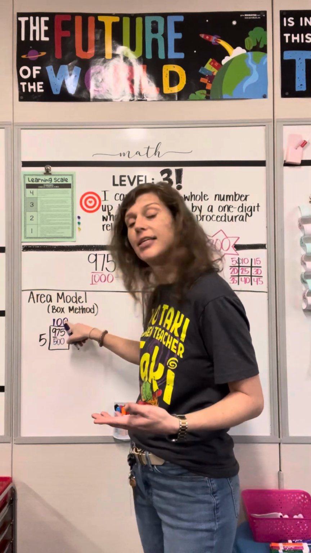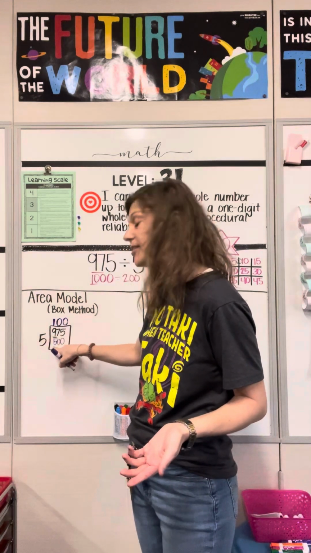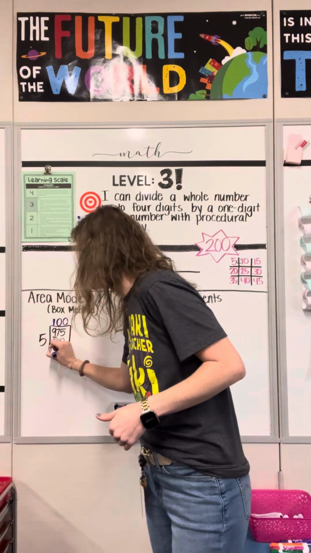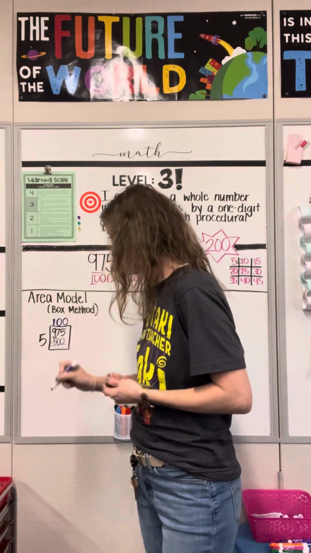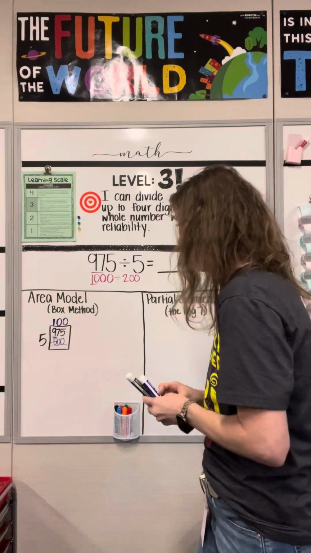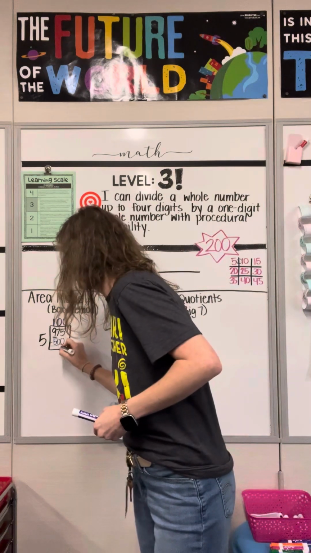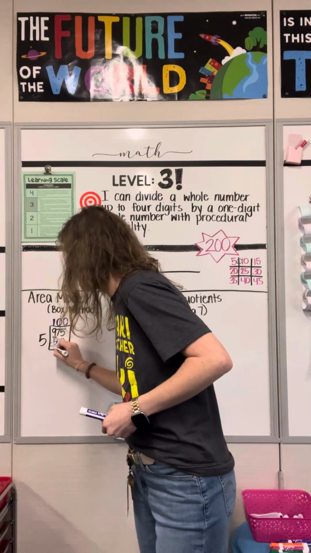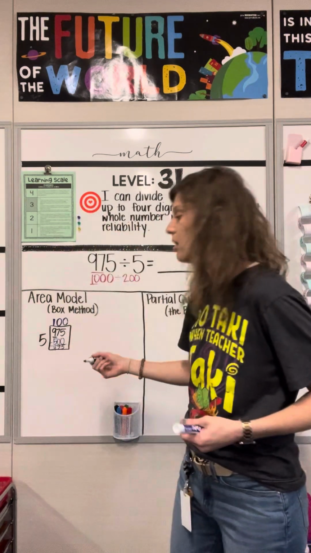So the 100 needs to go up here because 100 times 5 gets us to 500, and we can now subtract that away from 975. So we're left with our 5, 7, and then 9 minus 5 is 4.